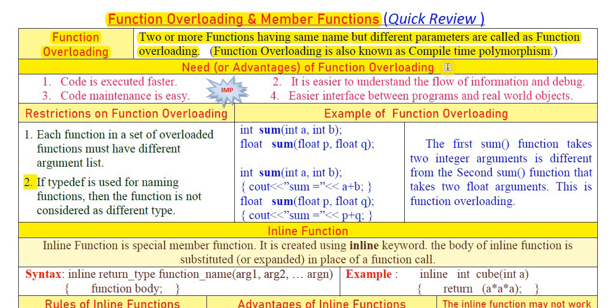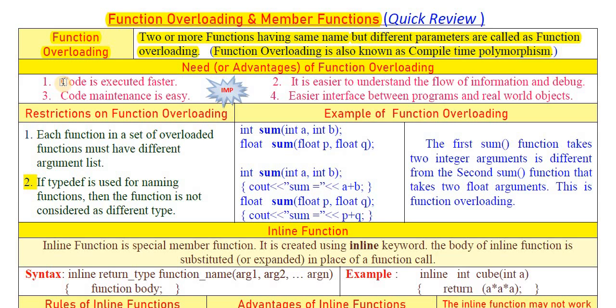There are 4 points you have to write as advantages. This is very important because many times in examination it was asked for 5 marks, like what is function overloading, explain the advantages of function overloading. So you have to write the definition and the 4 advantages.